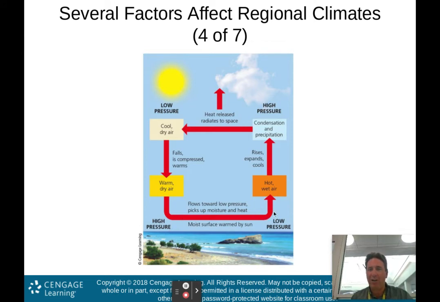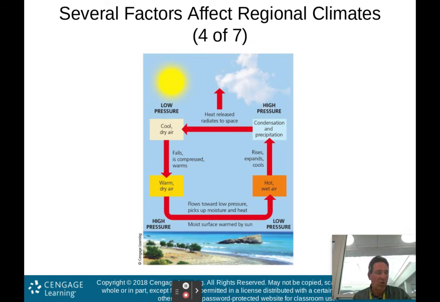Low pressure, though, air usually is hot and wet, and so it will rise. That air then condenses, forms precipitation. It flows back over the land where it's cool now and dry because there are no clouds anymore. That cool and dry air sinks. You now have high pressure, and then the air flows once again back to low pressure, and this whole convective cell, as it's called, continues, okay?